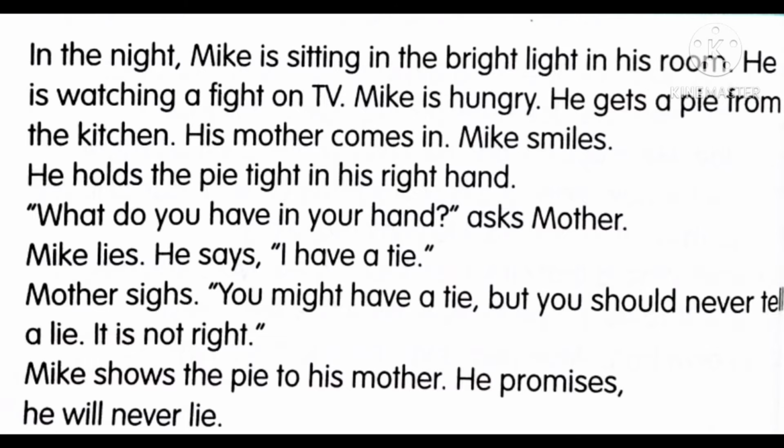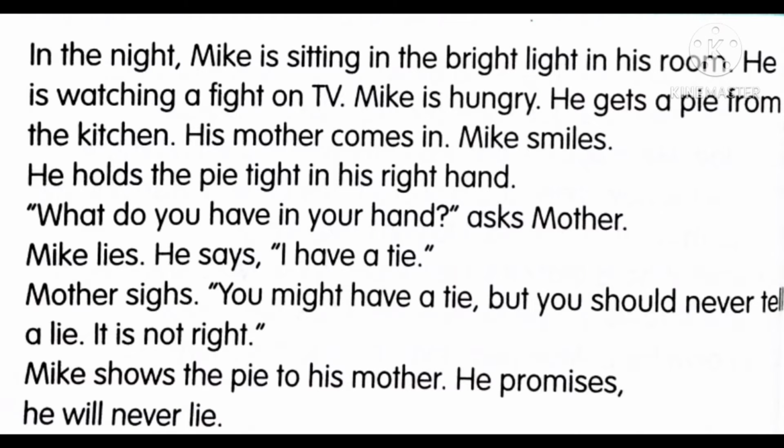His mother comes in. So who comes now? His mother comes in. Mike smiles. What is Mike doing now? Mike is smiling. He holds the pie tight in his right hand. Can you see? He holds. He is a singular person, so the verb follows with an s.